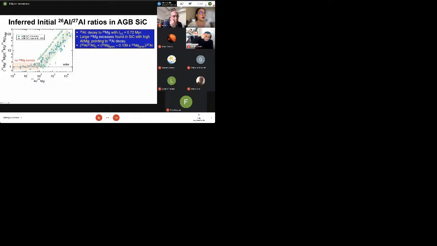And the aluminum-26 ratio is normalized to the solar value. So 1 in the y-axis represents the solar value. So we see when the elemental ratio lies below 100, the grains barely show any aluminum-26 excesses.